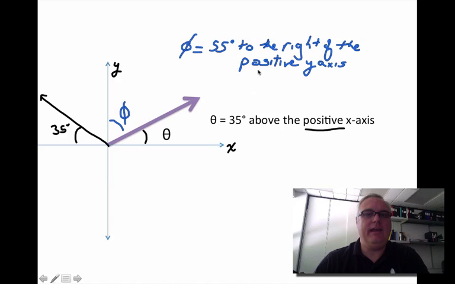So both of these angles and directions represent the direction of this vector. Both are correct. Either one written down on a homework question or an exam question would be marked as correct because they both give the same direction.